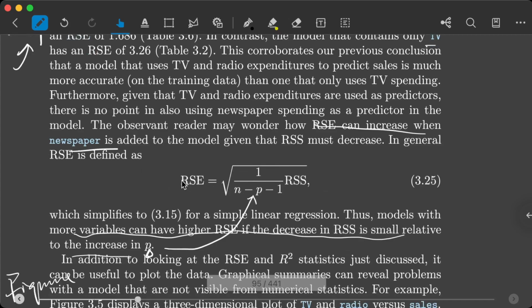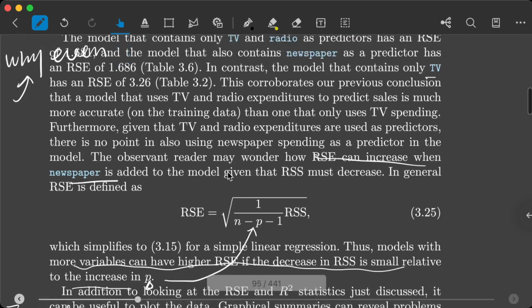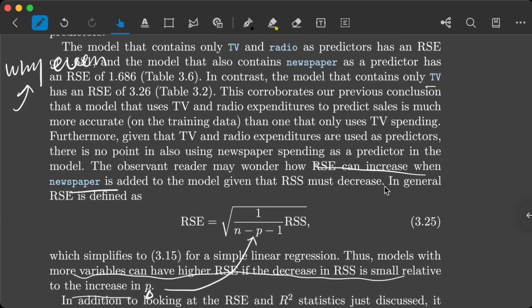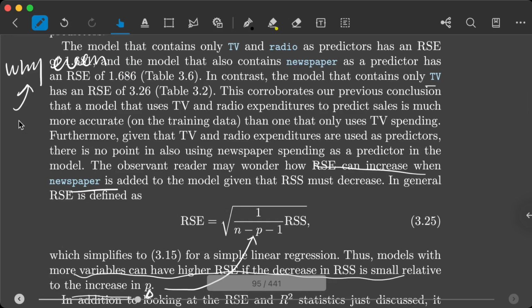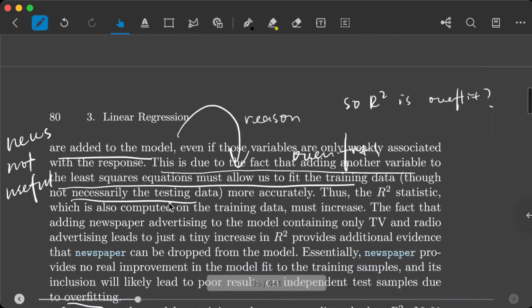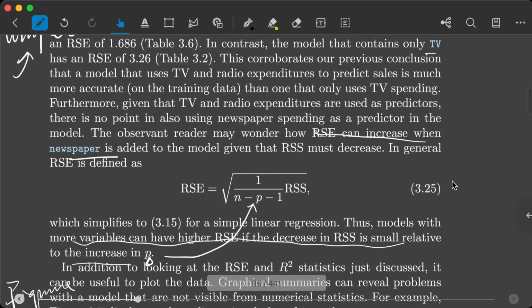Recall that RSE has a strong connection to the residual sum of squares, and generally it is normalized and a root term of the RSS. An important thing to mention is that when we introduce more predictors, the value of RSE can even increase. So it's different from R-square, which always increases. But why?